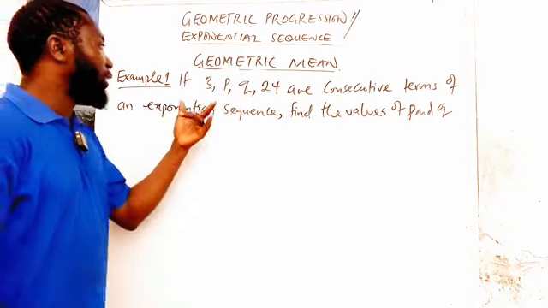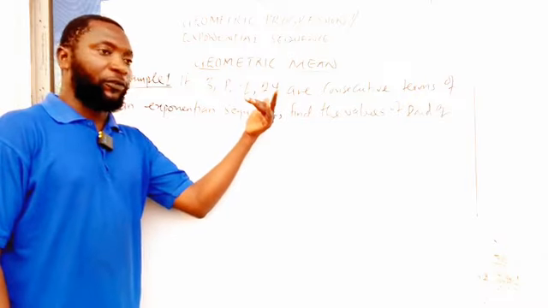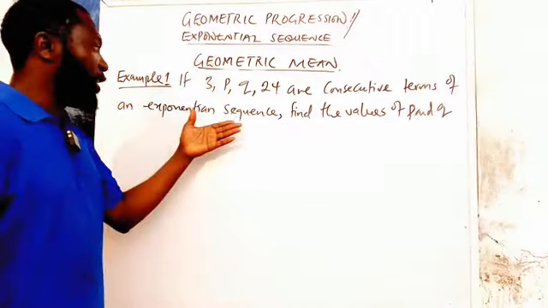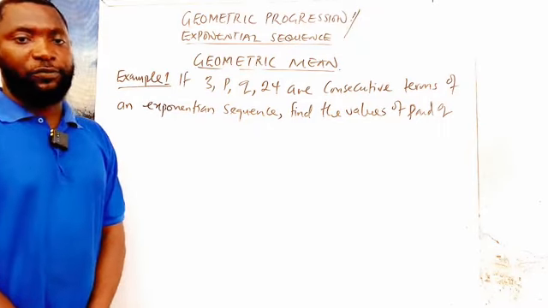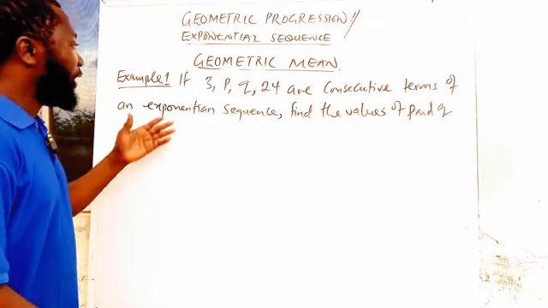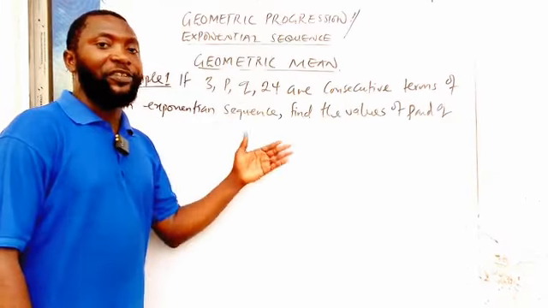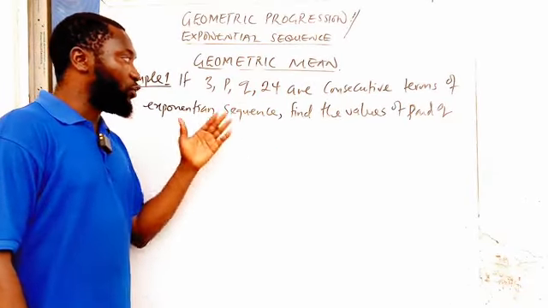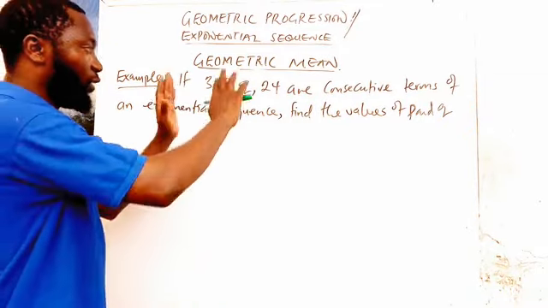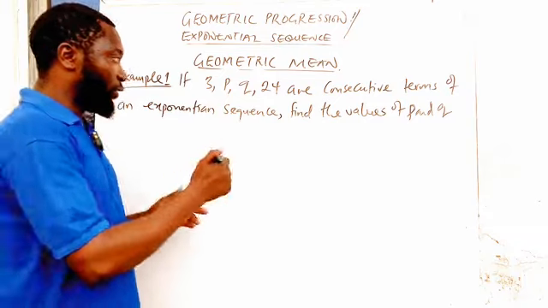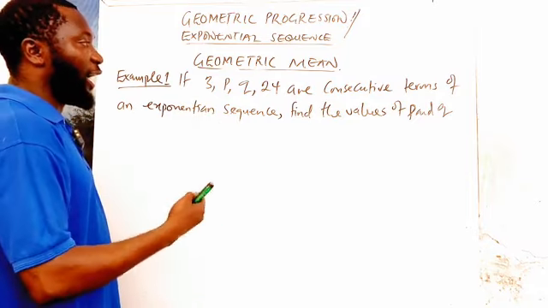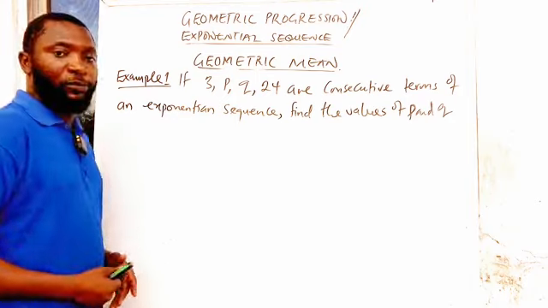The question says, if 3, P, Q, 24 are consecutive terms of an exponential sequence, find the value of P and Q. I can rewrite this question in this form: insert two geometric means between 3 and 24. So both are the same.